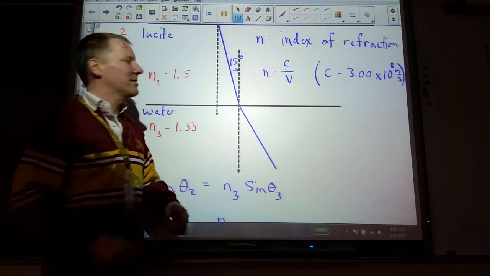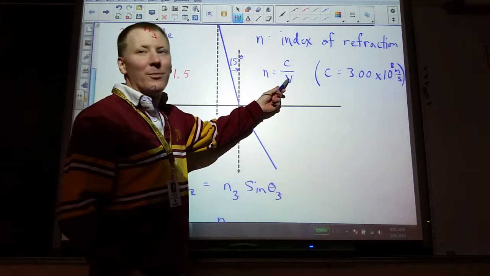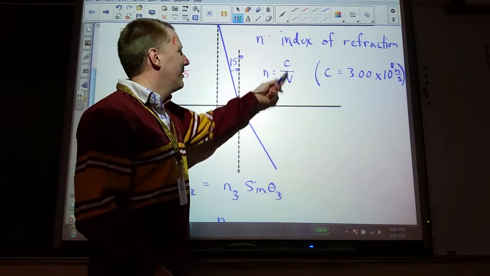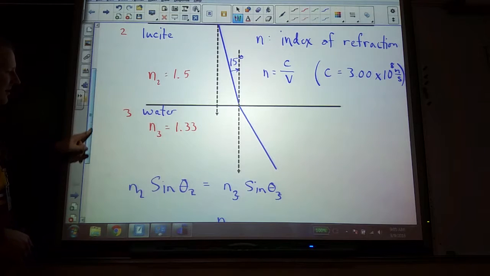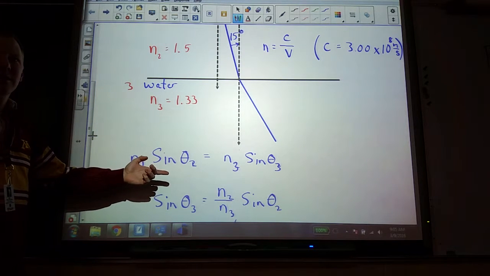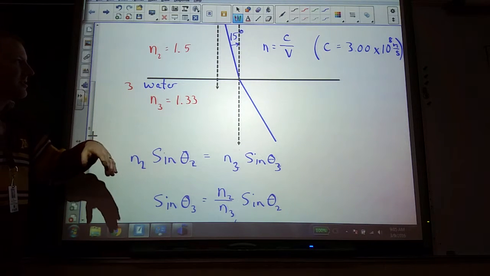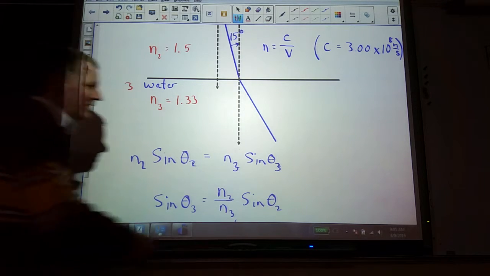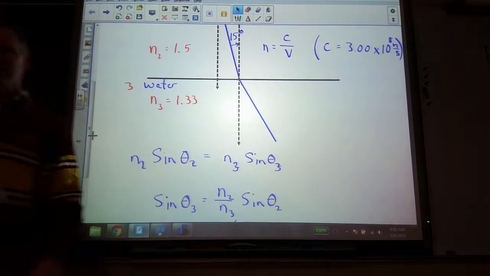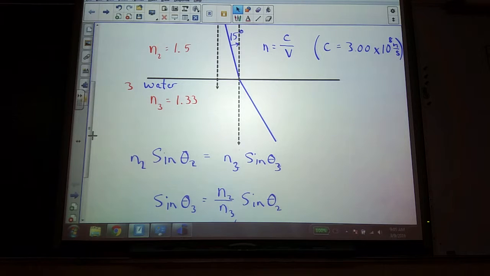We call it unitless because we've got the same units on the top and the bottom of these two, and so they cancel out. Sines don't have units. They're just numbers. So all of this is just a number. So no units on index of refraction. As Cody pointed out, it is very much like the coefficient of friction. It's just a number that describes this thing and modifies something else.